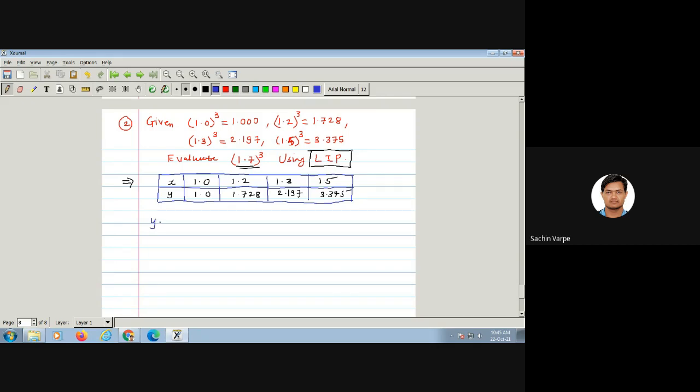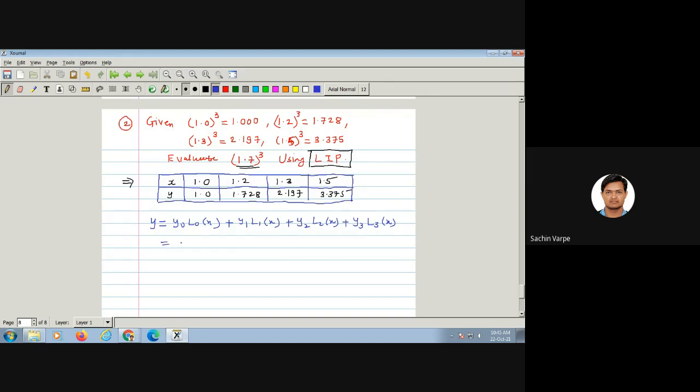What is Lagrange's interpolating polynomial? Y equals to y naught L naught of x plus y1 L1 of x plus y2 L2 of x plus y3 L3 of x, right? Because we have y0, y1, y2, y3. So that is why L3. So we have to get the values of these L0, L1, L2, L3.